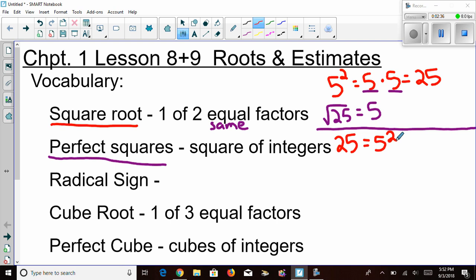The goal is that you will have memorized perfect squares up to at least 12 squared. Many of them you already know, but since we are working a lot with fact fluency, you'll already know what 5 times 5 is or 11 times 11 is, and those are your perfect squares.